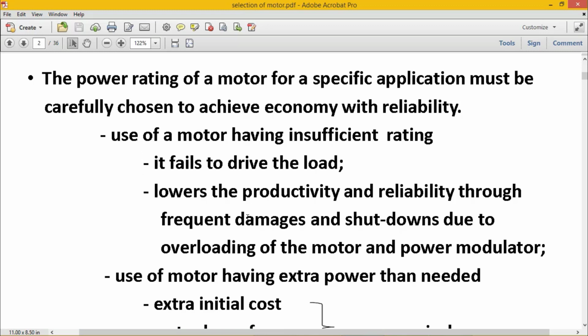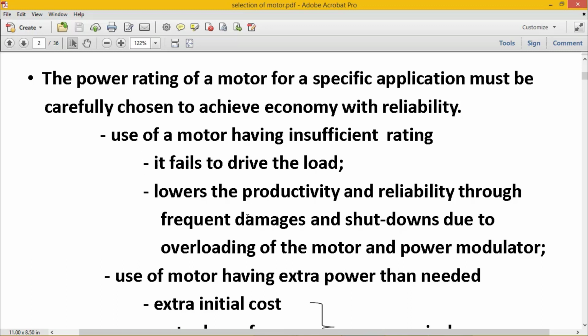So there are two possibilities: one, it fails to drive the load; second, if it is possible to drive the load, its productivity will reduce and it will go through frequent damage, and due to overloading of the motor and power modulator, it will shut down.